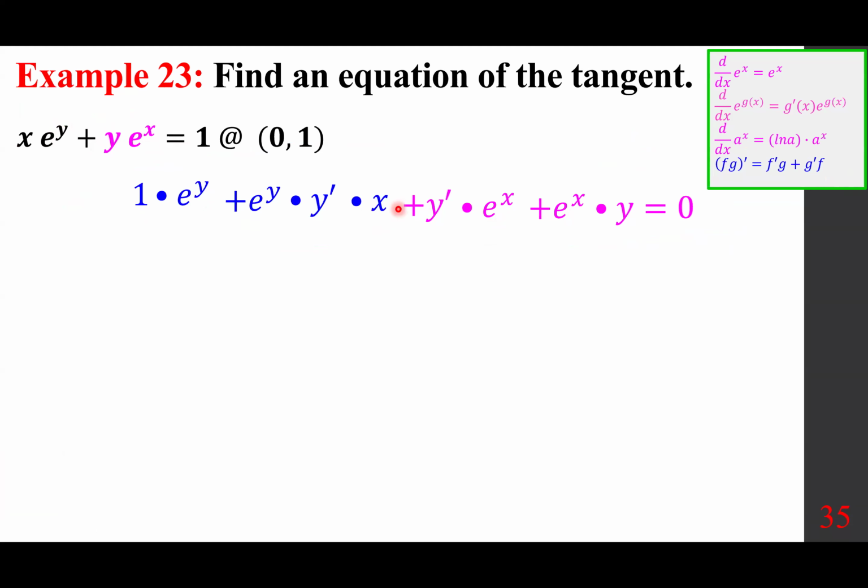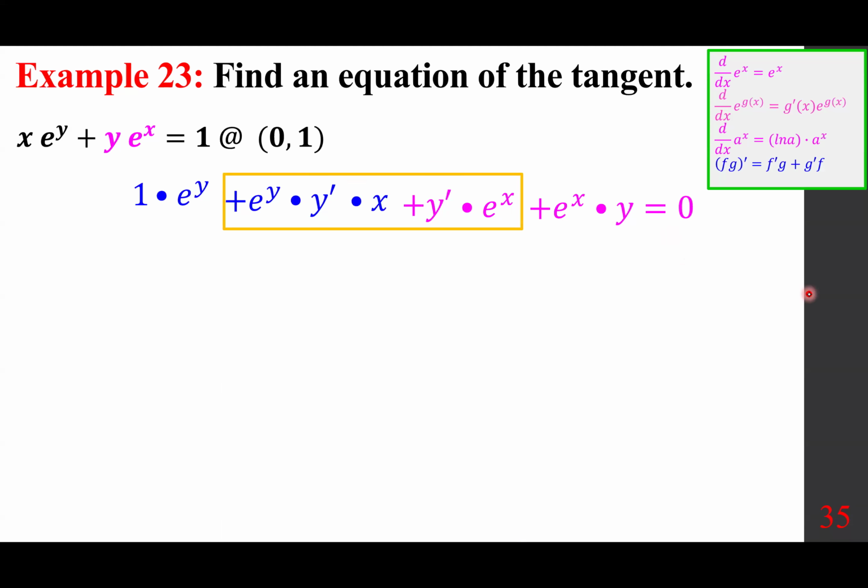First and foremost, if you plug in, it will give you the slope, but you really have to solve for y prime. So what do you do? These two pieces remain, and these two pieces move to the right.